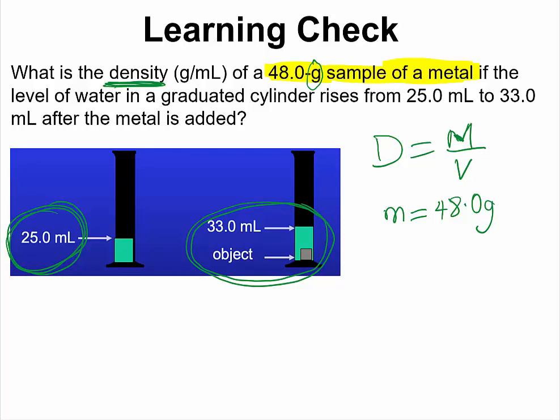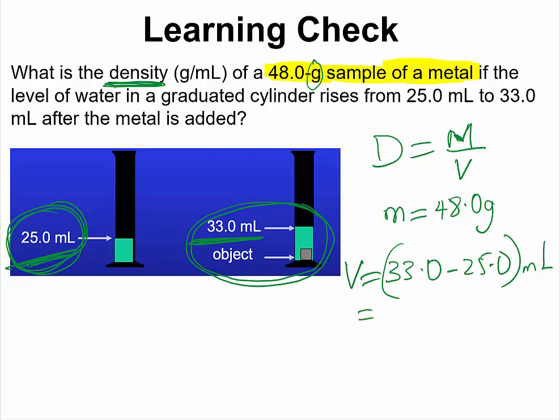To find the volume of the sample of metal, we would simply subtract 25.0 from 33.0. So the volume will be 33.0 minus 25.0 milliliter, and that should be equal to 8.0 milliliter, following the rules of subtraction.